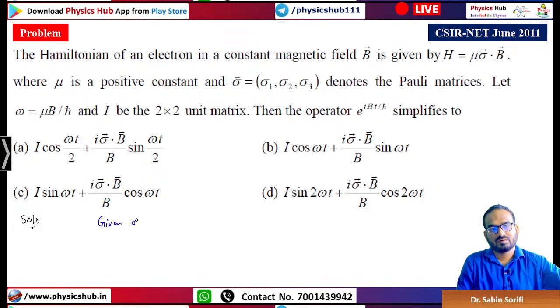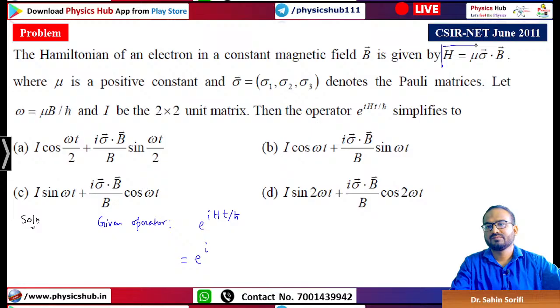Given operator e to the power iHt upon h cut. Let's do it step by step, then it will become very easy for you. e to the power i, what is H? H value is given here, mu into sigma dot B. So let's put in this value.